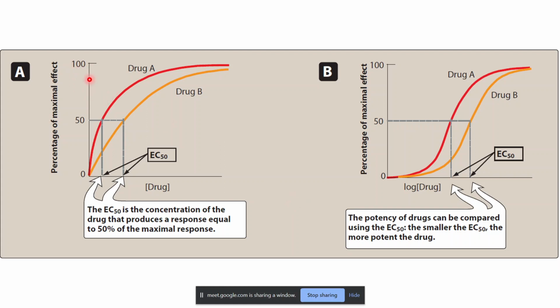So the drug concentration is on the x-axis and the effect is on the y-axis, and this is determined by the dose of drug administered and by the drug's pharmacokinetic profile, such as rate of absorption, distribution, metabolism, and elimination. So we discussed all of these 4 stages last week.